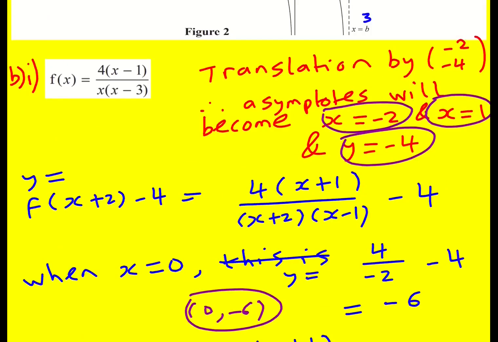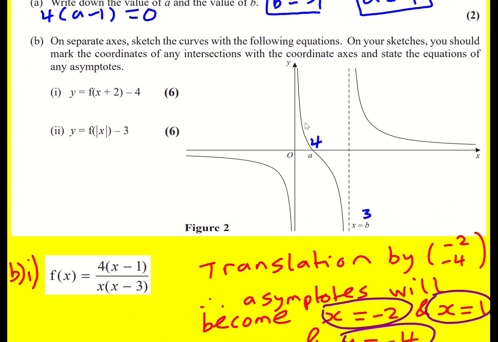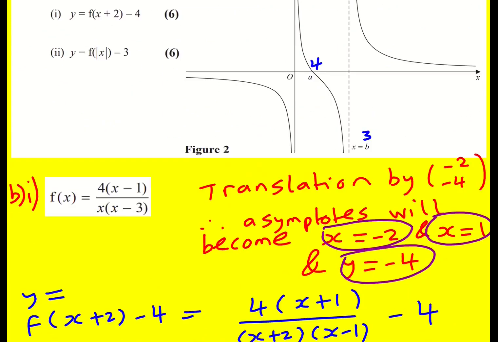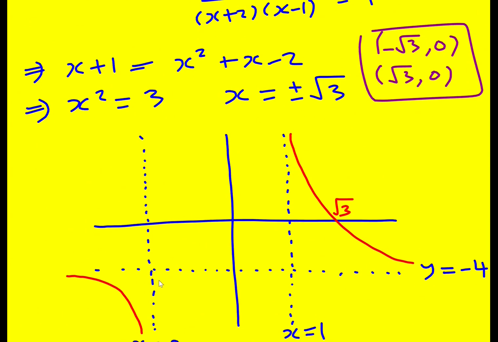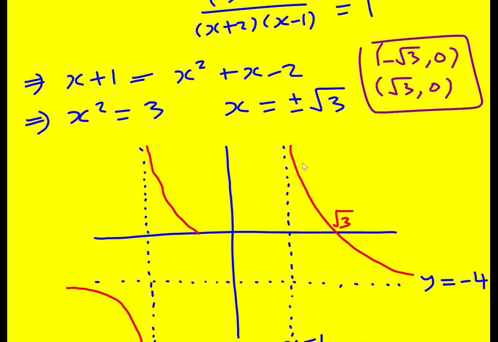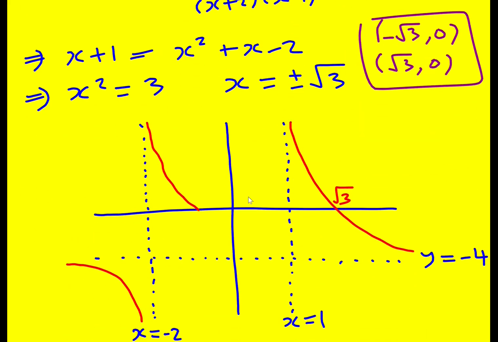Now all that's left is the other part. So if we look at the function and we think about the translation, well, it's still going to look a little bit like this. It's a kind of negative cubic. It's not, is it? But it's a little bit like that. So I can just draw it in. I just got to be careful. Remember, it went through at minus 6, so it needs to be below the asymptote.